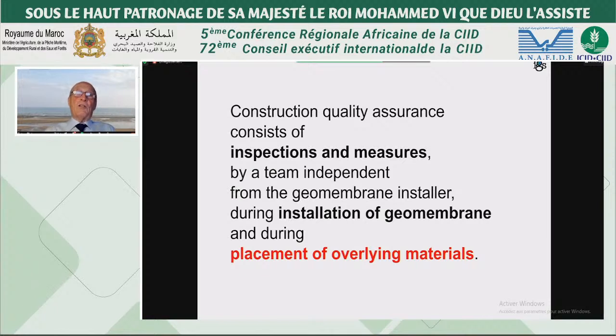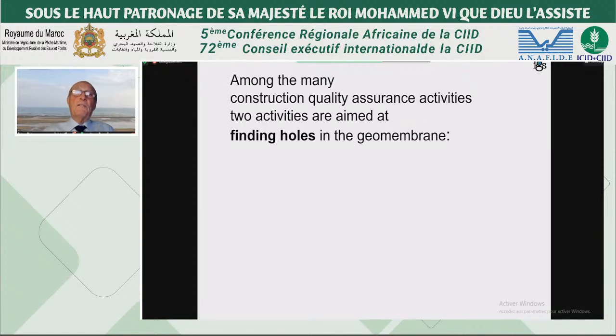Construction quality assurance consists of inspections and measures taken by a team independent from the geomembrane installer during installation of the geomembrane, and also, importantly, during placement of the overlying material.